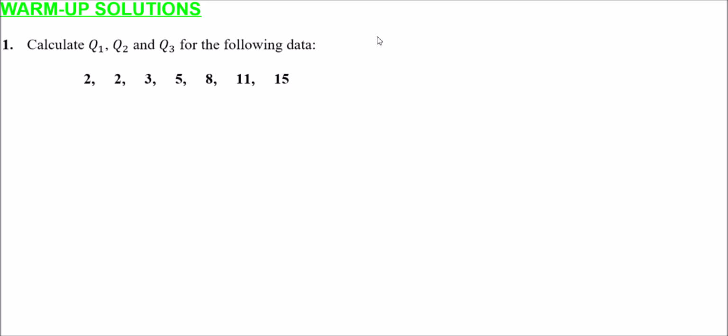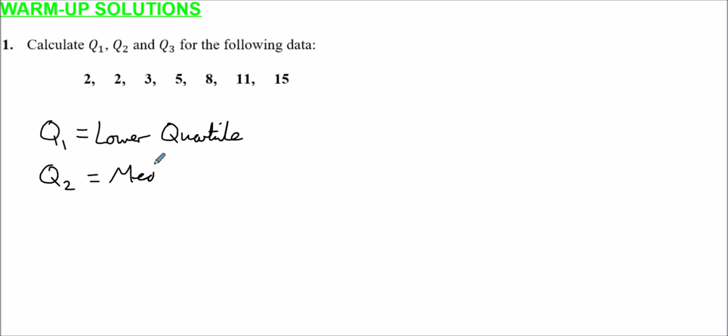So question 1, we're asked to calculate Q1, Q2 and Q3 for the following data. At this point it's worth recapping what we mean by Q1, Q2 and Q3. Well, Q1 just means the lower quartile. Q2 is another way of writing the median.